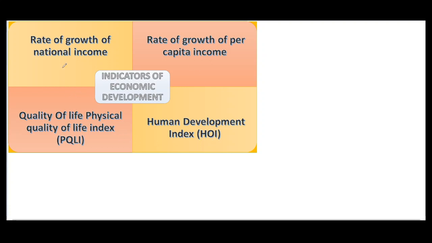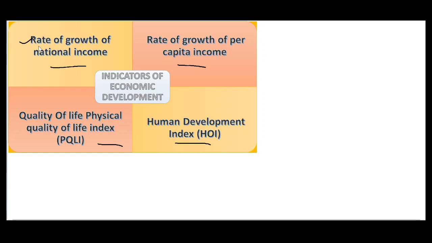I will cover these 4 indicators in the next 4 classes, taking one class for each. We will not mess up the things. We will study step by step so that everything is clear. In today's class I will discuss only the rate of growth of national income.